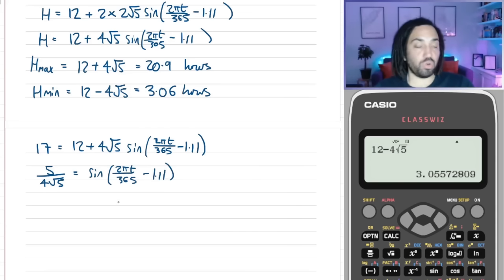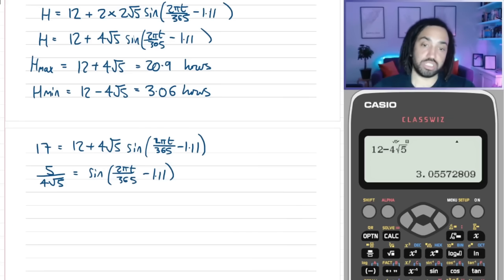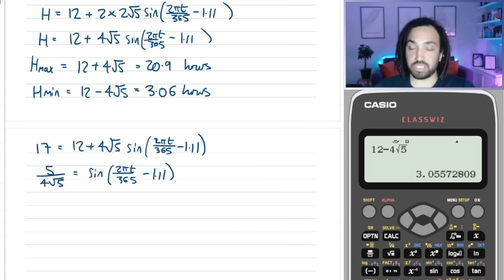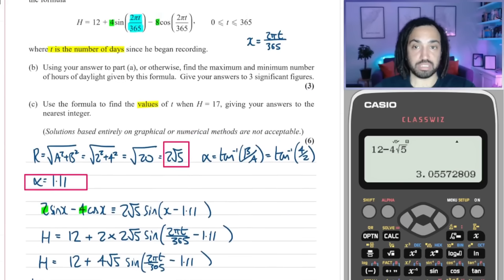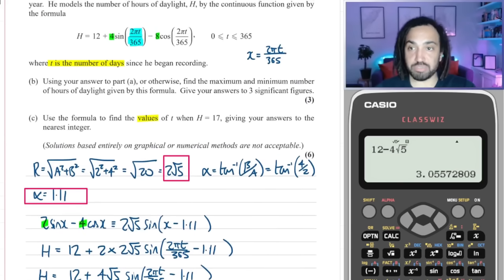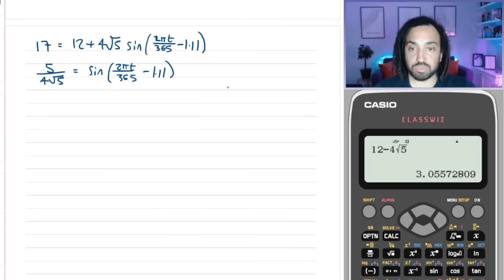Okay, now before we are going to do inverse sine, I want to just check what the range is for t. Go all the way back to the top, and it tells me that t is between 0 and 365. Okay, so I'll come back down here, and I'll just write that on the side.